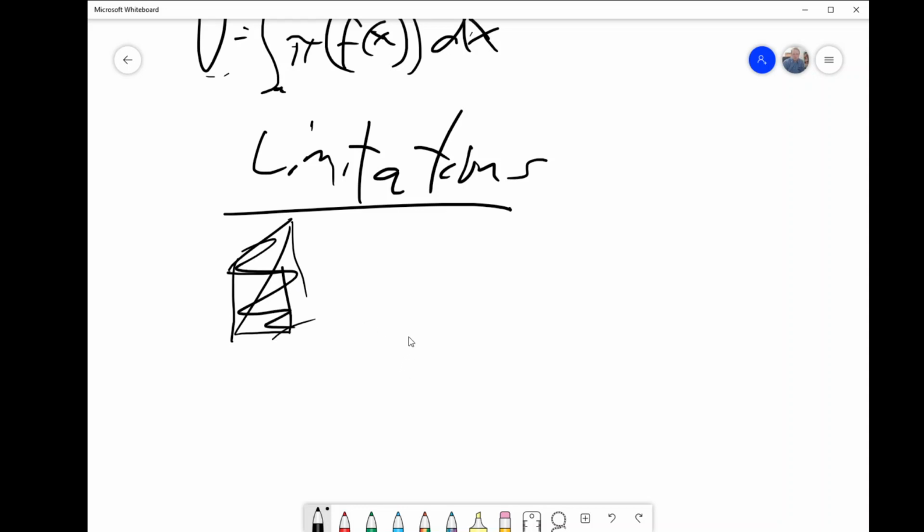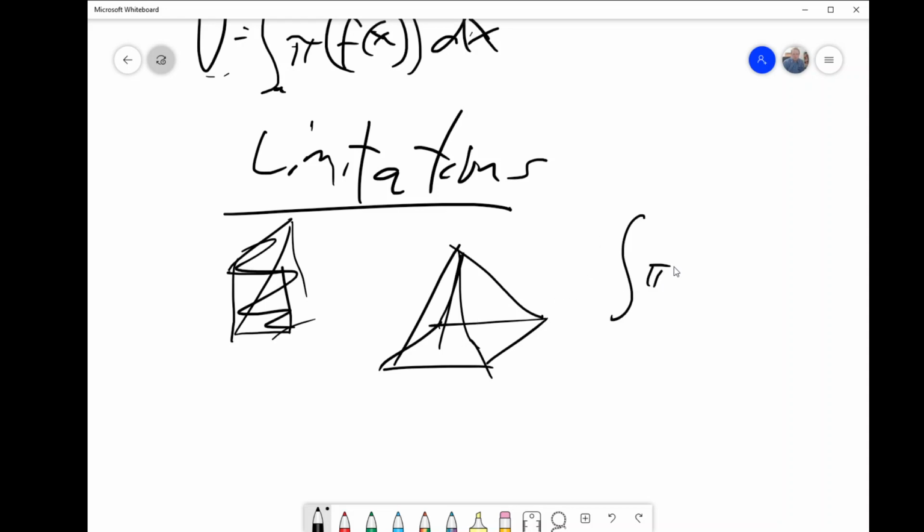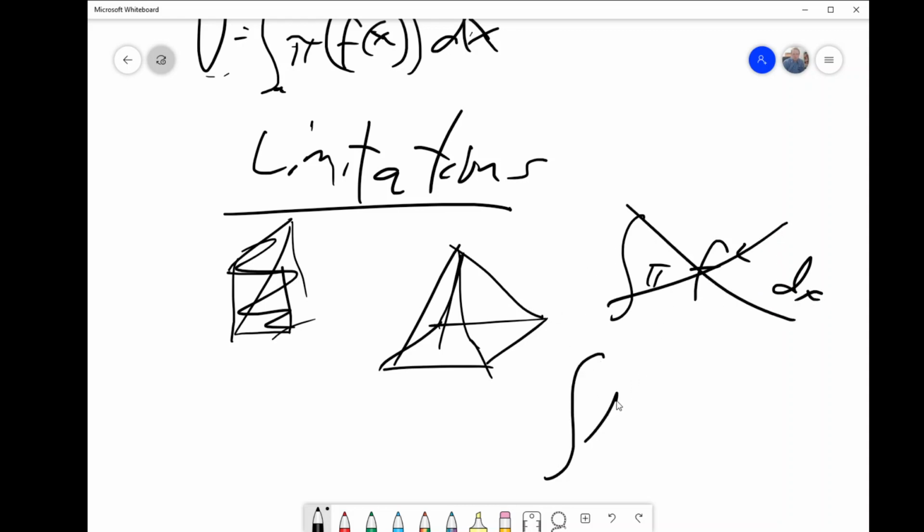That's a terribly drawn pyramid. Let's do it like this. So we have our pyramid and we're trying to find the volume of that. Well, we don't have a cylindrical symmetry, so we can't use that pi f squared dx version. We would have to go back to the integral of the area dx.